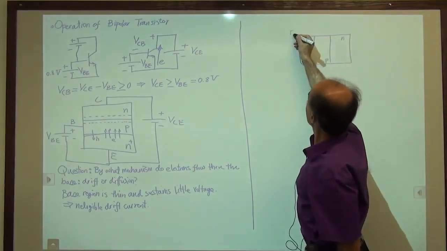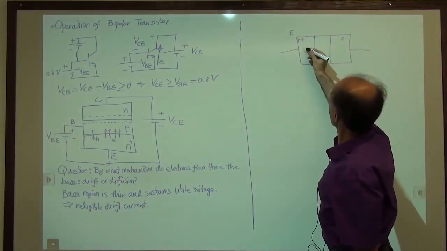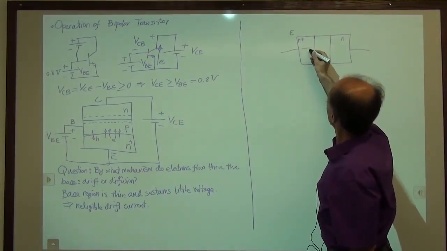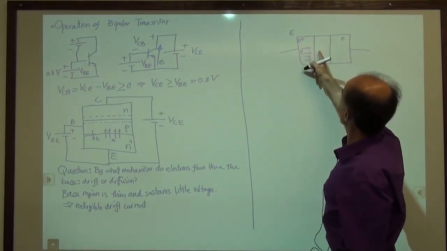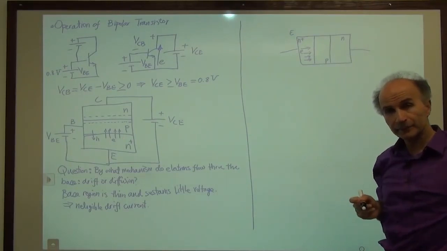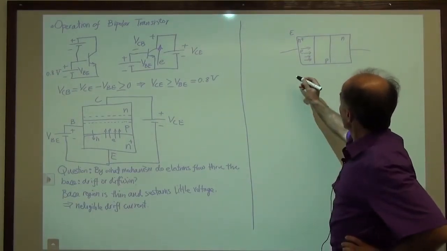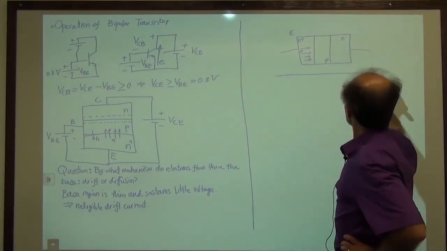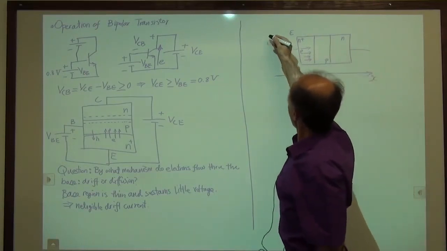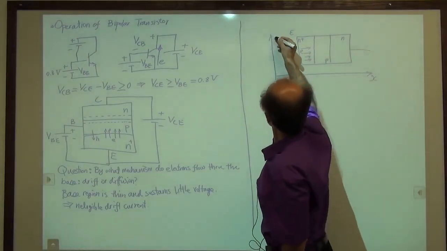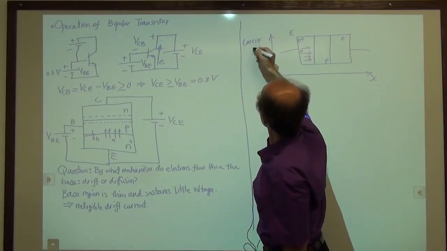Emitter on this side, base and collector. So electrons are taking off from the emitter. These are all electrons going from left to right, going through the base, going to the collector. Okay, so now I would like to plot the concentration of charge carriers as a function of distance. So this is carrier density.